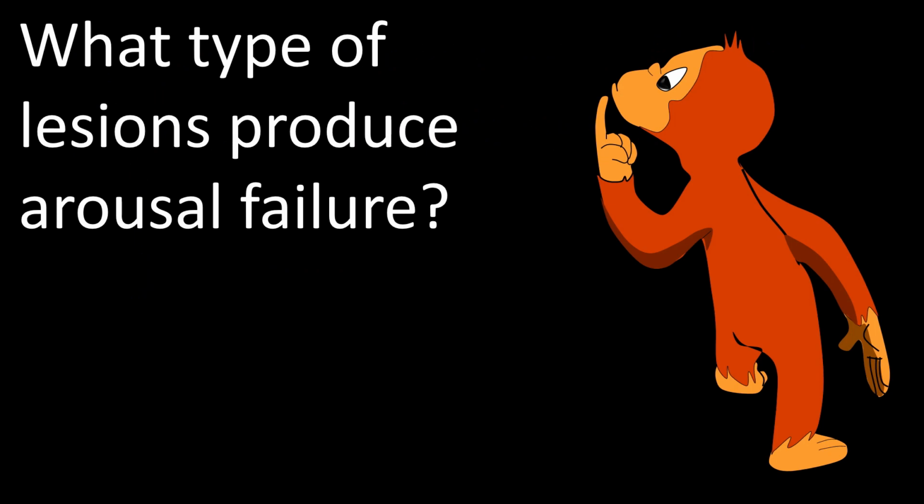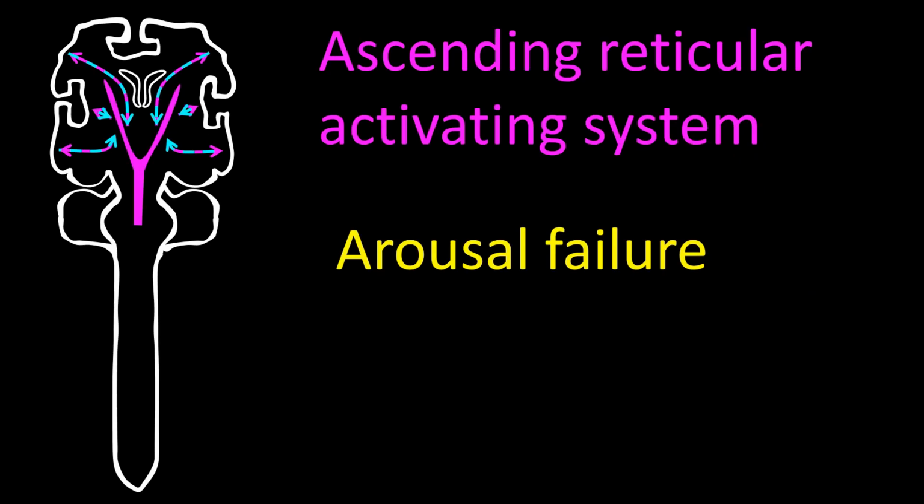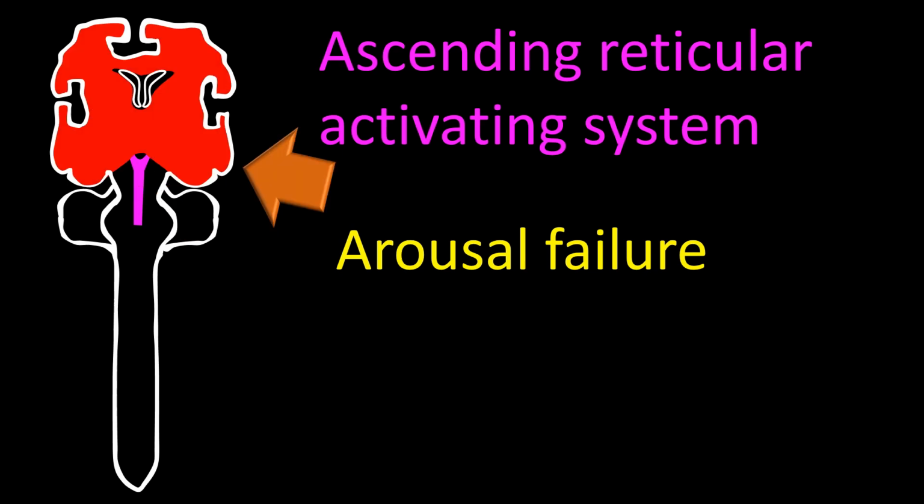What type of lesions produce arousal failure? Arousal failure can be due to a relatively small single midline lesion in the upper pons or midbrain, or due to diffusely severe, rather acute bilateral cerebral hemispheric disease.